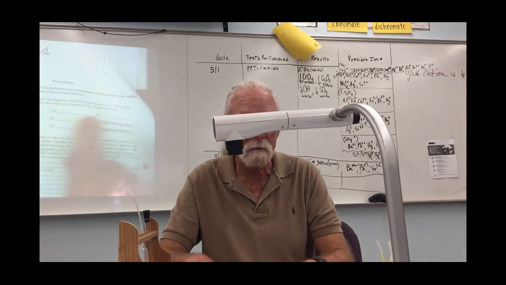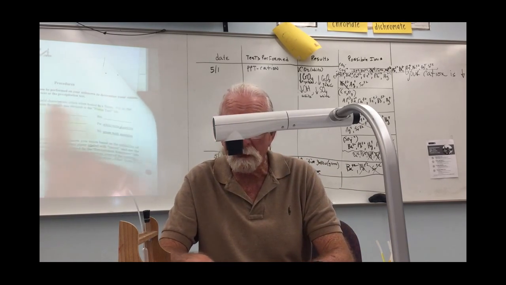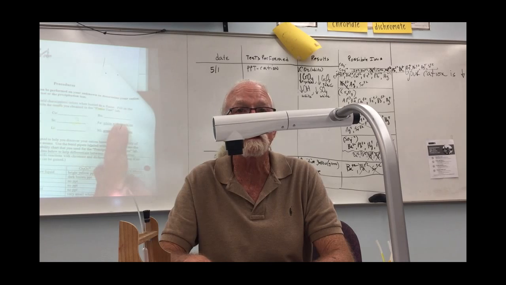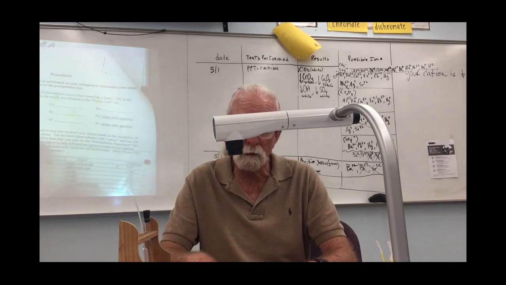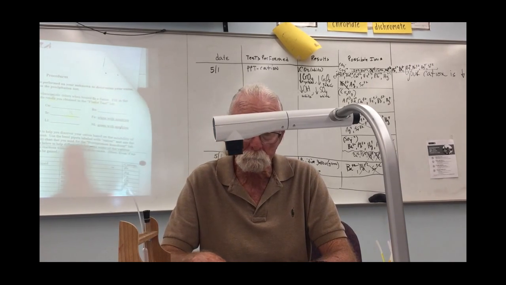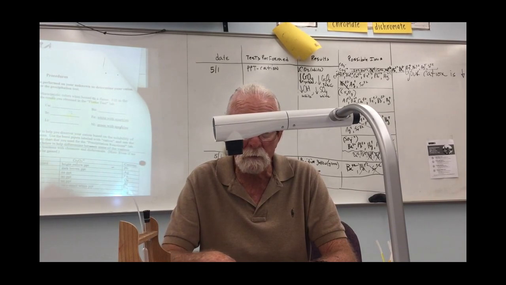The flame test, we've gone over it. It is your lab 5. I've given you a place right here to fill in the colors from looking back at lab 5. So I'm hoping you'll do that on your own. Now I'm going to look at the precipitation test. This test is designed to help you discover your cation based on the solubility of your cation with various anions.